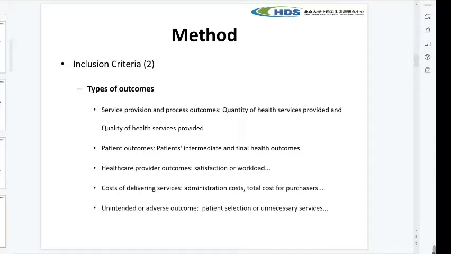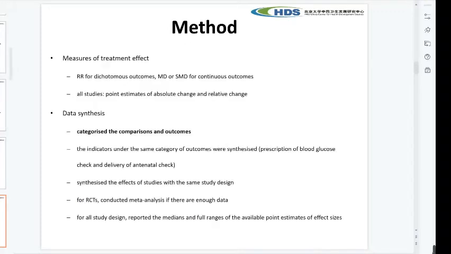So it must have an impact on their feeling and workload. And we also include the outcomes on the cost of the delivery system and the adverse outcomes.